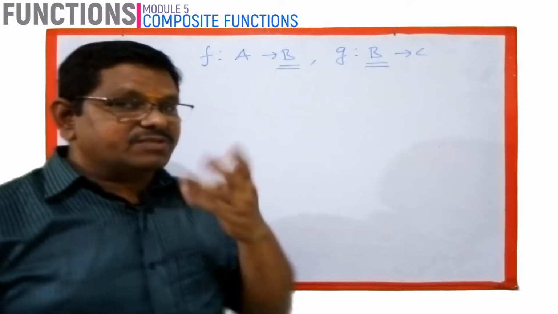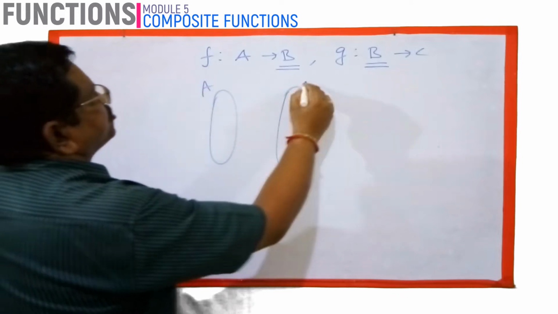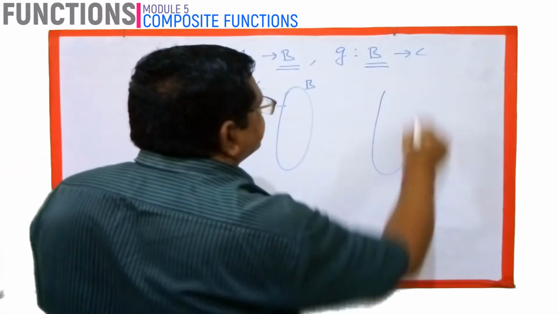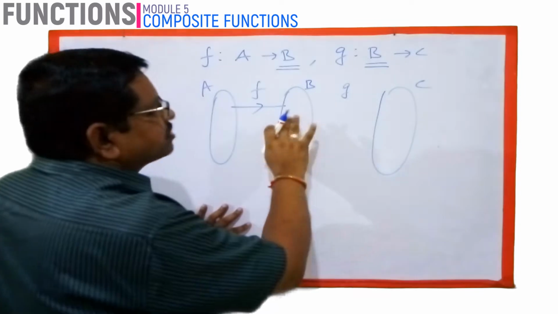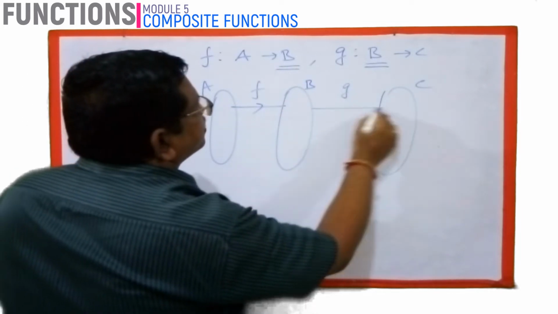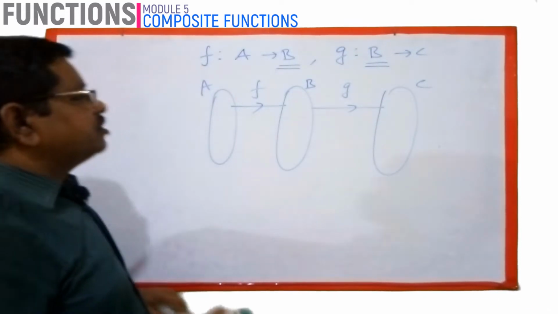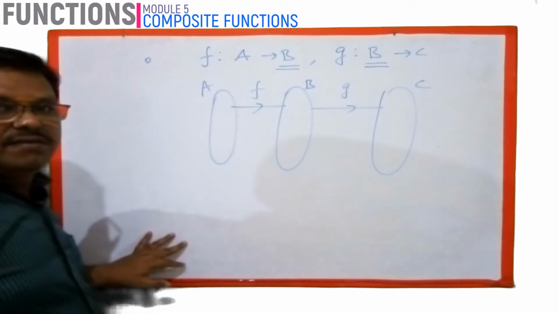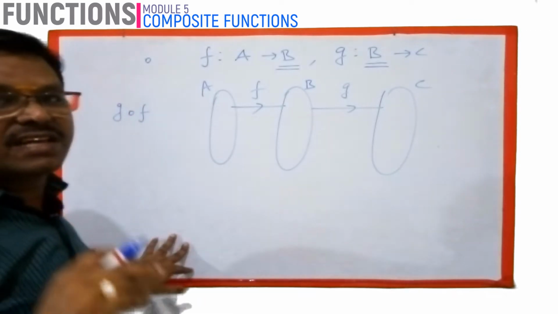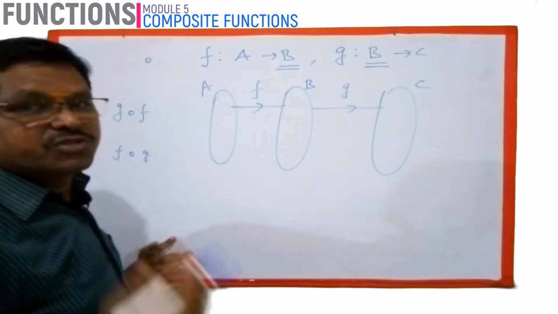Now with the diagram I will explain it to you. Here function f can be represented as A to B. So this is the function f, and another function g is associating the elements of the two sets B and C. Here this is the g function, and to denote the composite functions we use the symbol circle, and we say g composite f, or g circle f, and similarly f circle g or f composite g.